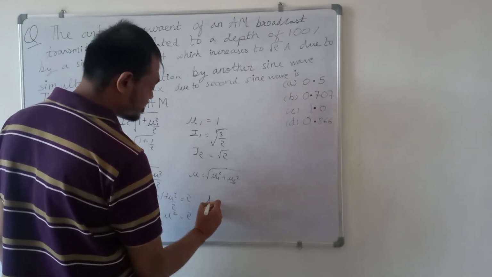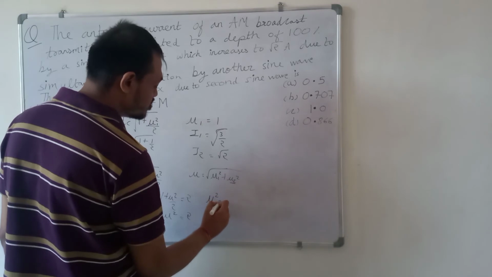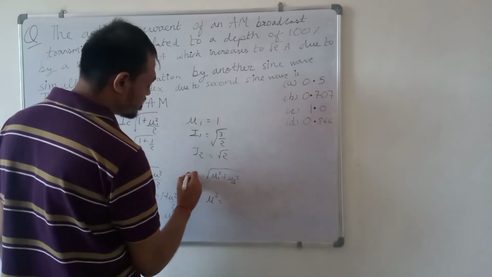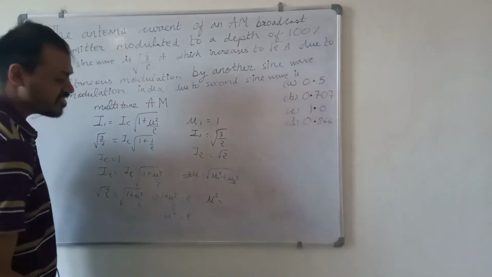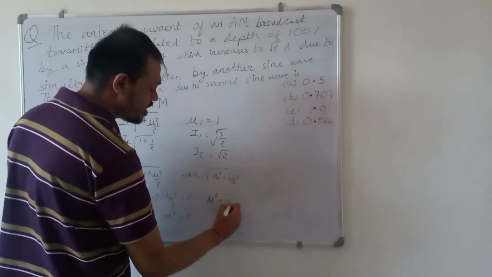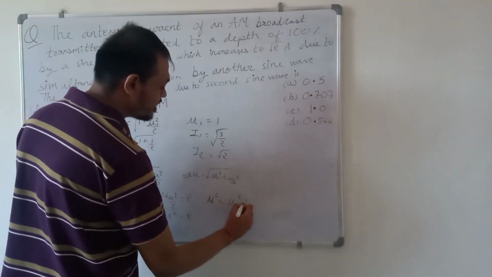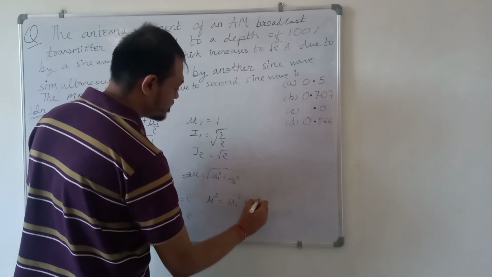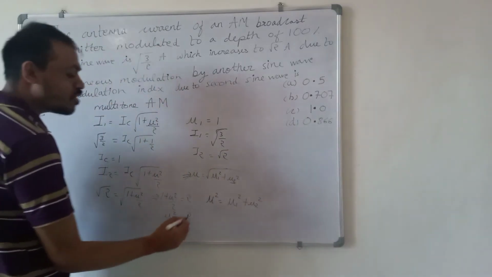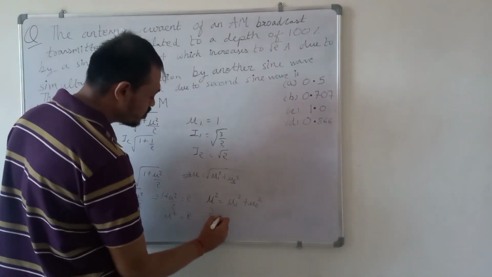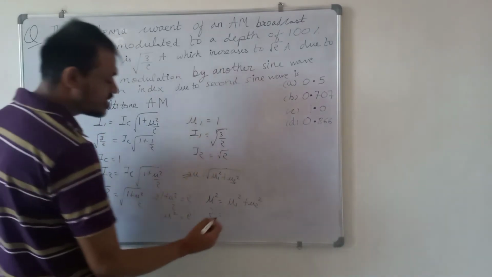Squaring both sides of this equation, we get mu square is equal to mu1 square plus mu2 square. And mu square we have found to be 2. So 2 is equal to 1 plus mu2 square, and mu1 is 1.